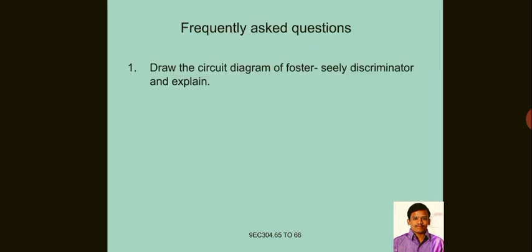So that is about the small important questions. Now there are some important questions from whatever we discussed. A very important question from the exam point of view is: draw the circuit diagram of Foster-Seeley discriminator and explain its working.